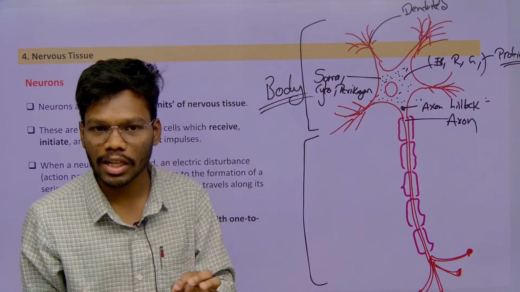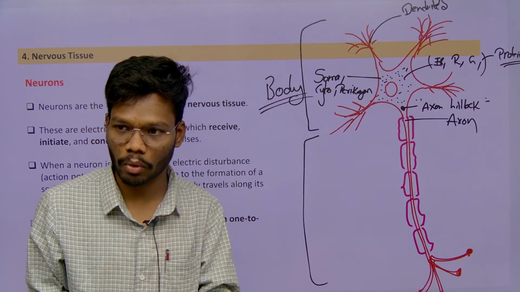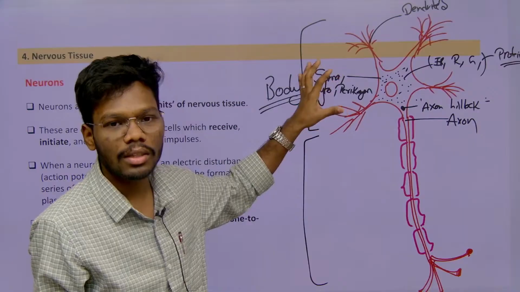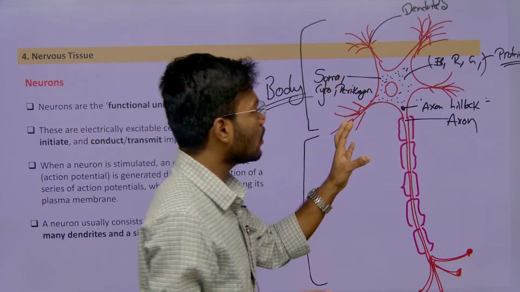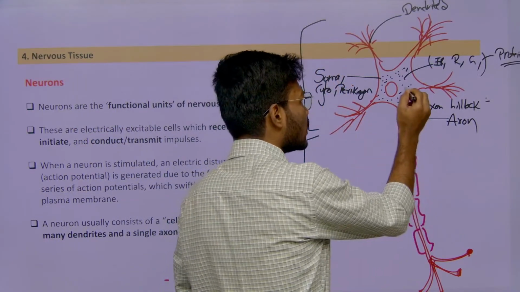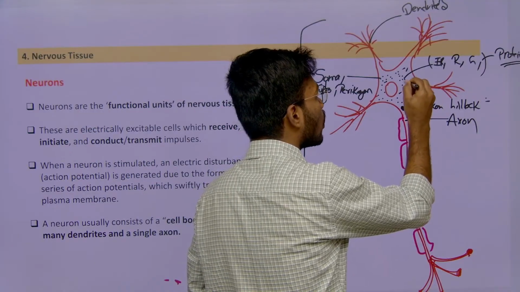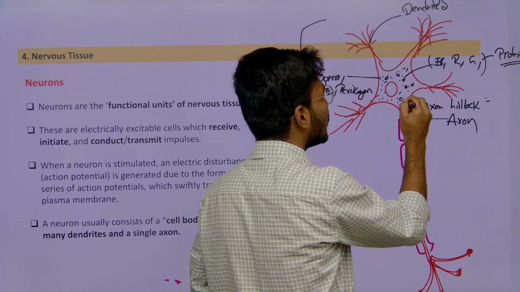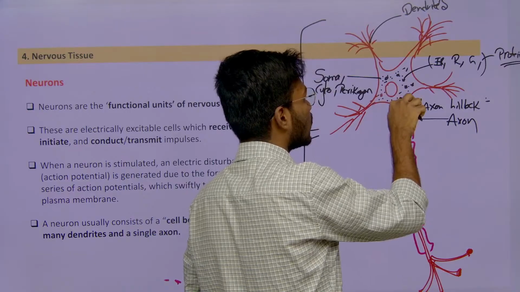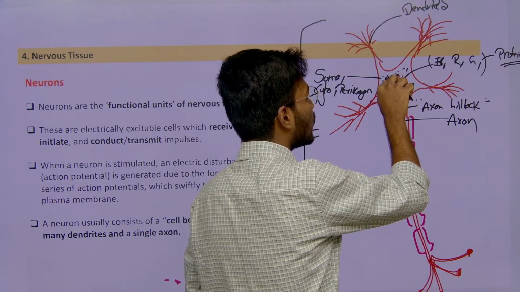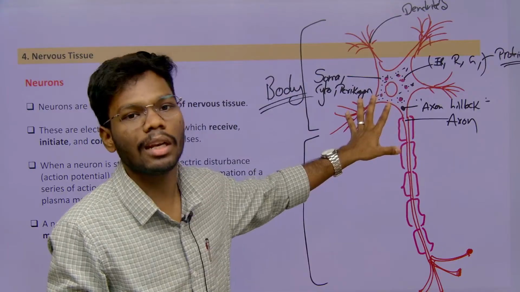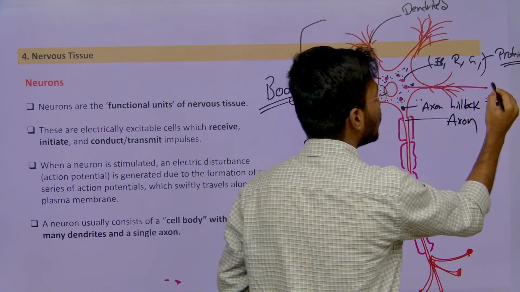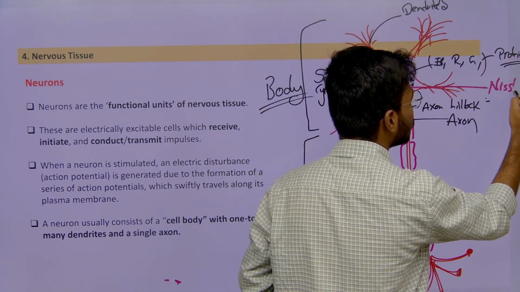Neurotransmitters, the proteins which are very important, are synthesized in the cell body only. And those proteins are present in the cell body in the form of what granules? Nissl granules. I draw with another color. So these are present only in the cell body. So those are called what? Nissl granules.